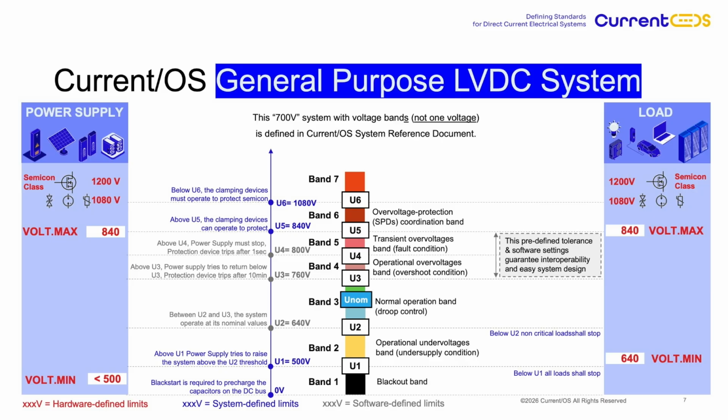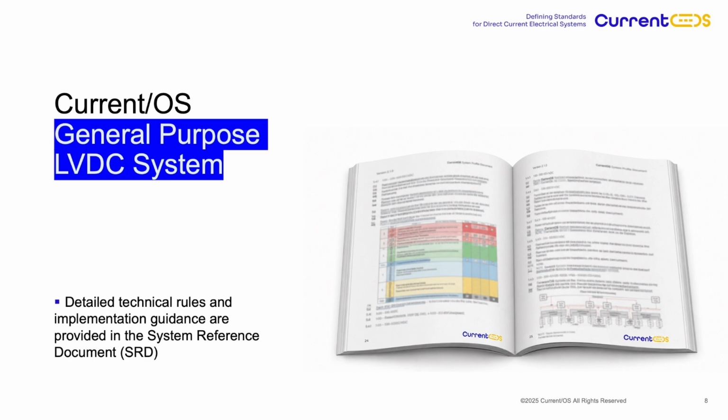Each of these values plays a critical role in ensuring the stability, safety, and efficiency of a DC microgrid, forming a framework for effective power management and protection. These voltage principles are formally defined within the Current OS System Reference Document, the SRD. The term general purpose refers to a system architecture designed to support a broad range of applications and interoperable products through a common set of technical rules, as seen in video 1 of this MOOC.